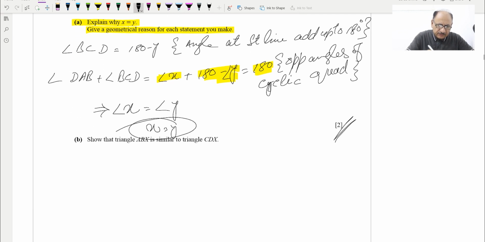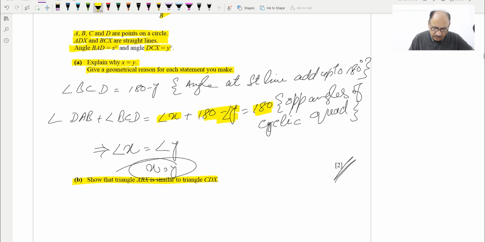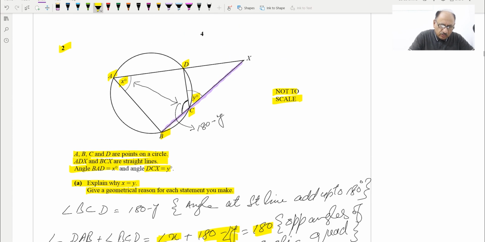Hopefully you understand this. Then next part they are saying show that triangle ABX is similar to triangle CDX. Now first you need to understand which triangle is ABX. This triangle is basically ABX, and I'm sharing this quickly for your better understanding. This is ABX, and CDX is this triangle.